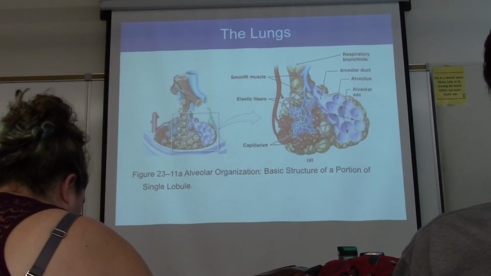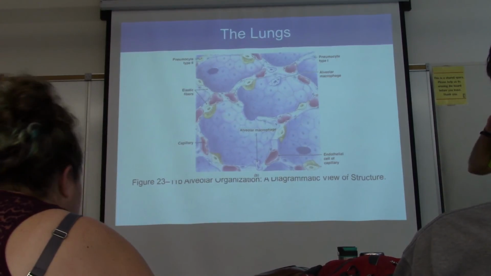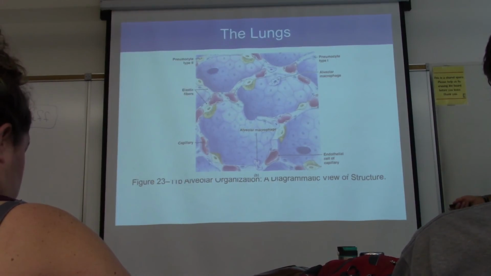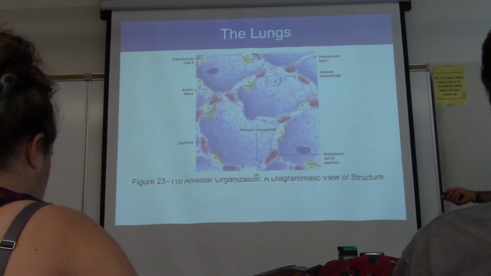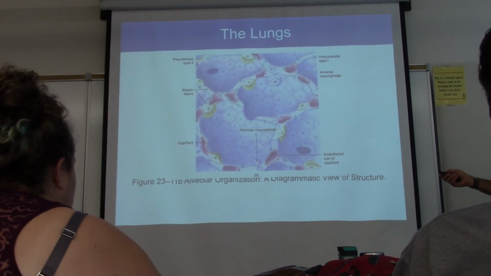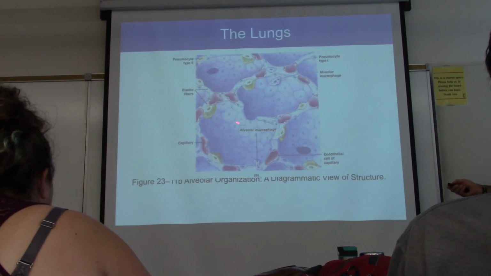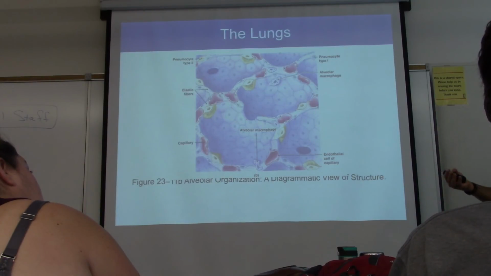I think I've talked about this enough. Let's just talk about the cells a little bit. There's basically very few cells down here. The main type of cell is the type 1 pneumocyte that makes up most. It's a simple squamous epithelium that makes up most of the wall of the alveoli.